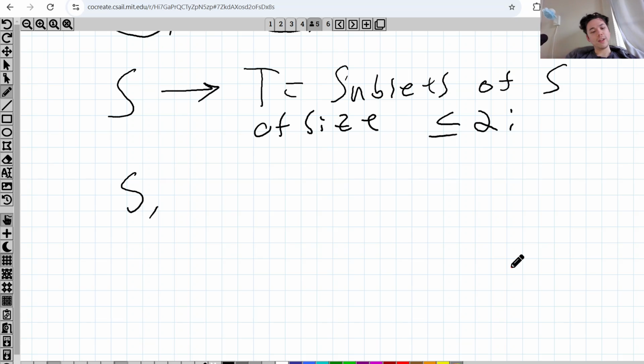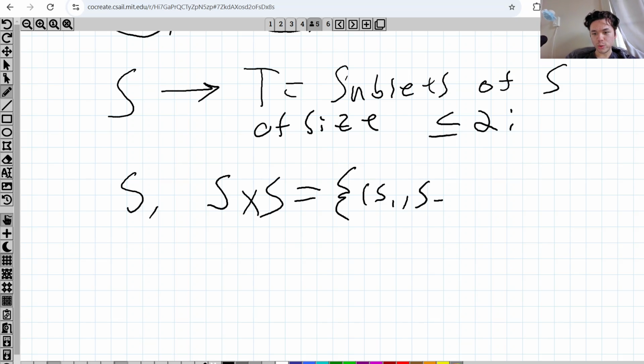Or how do I get two things? Well, I just learned about taking products, so I can do S times S. And if I do S times S, this will give me all of these pairs, S1 comma S2, such that S1 is in S and S2 is in S.